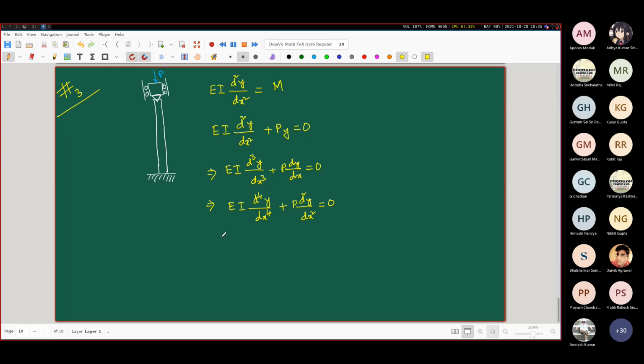Now, try to think of it not just mathematically, but from a physical or a mechanical perspective. When you have a fourth order equation, and this fourth order equation is demanding you to satisfy four boundary conditions, it is as if this fourth order equation is asking you to fulfill all the mechanical requirements associated with this problem.